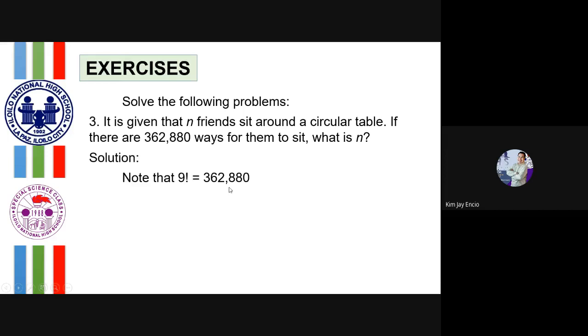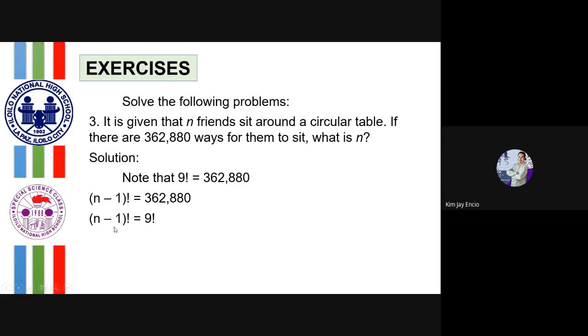Take note that last time I told you to memorize or to familiarize with the factorials until 10 factorial, so that it would be easier for you in case you have to deal with this type of problems. So n minus 1 quantity factorial equals this number. And our goal is to solve for n.